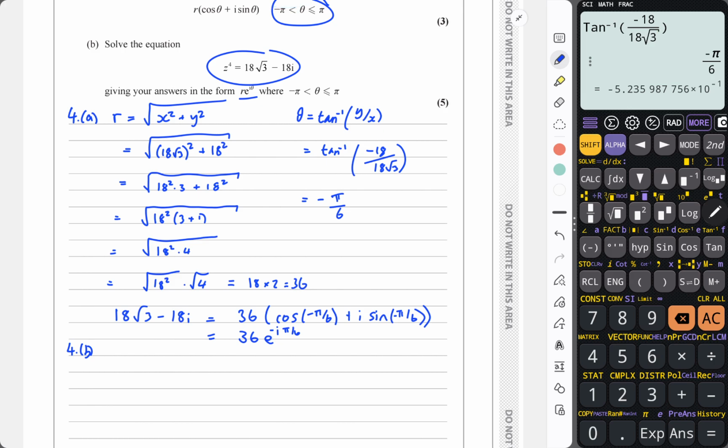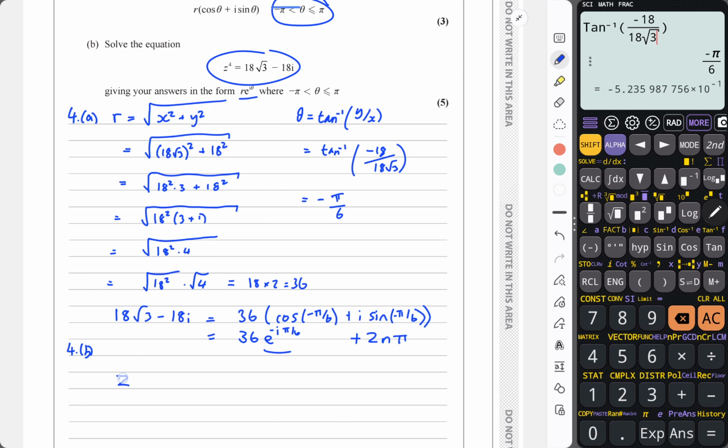We do need to remember that we're going to get different values because the period of the exponential function is 2 pi, so we can add 2n pi onto our argument.